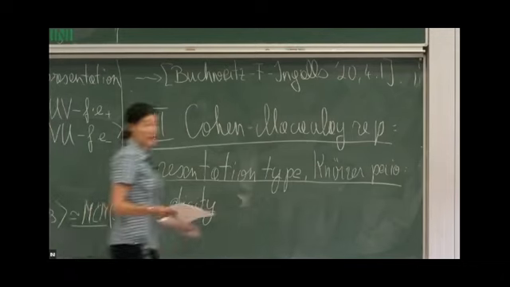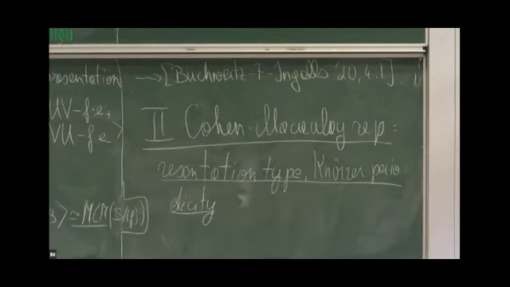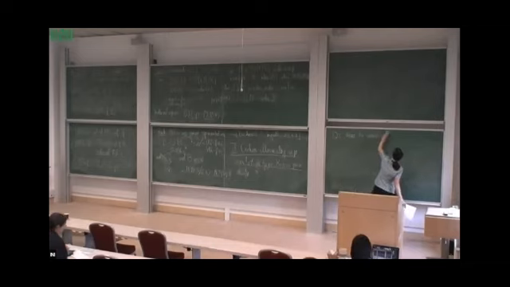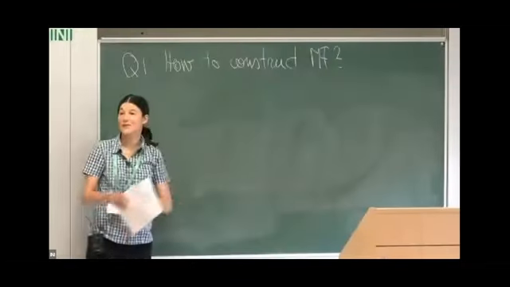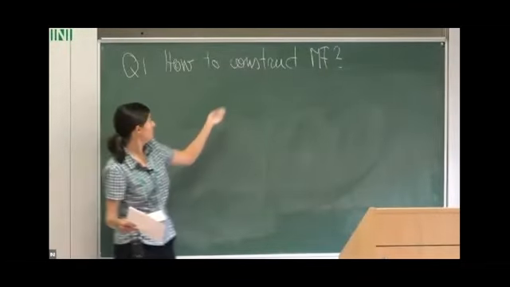So, as I said, two questions. Question one is, how do we get matrix factorizations? How to construct matrix factorizations? In particular, I was asked yesterday after the talk, can we always find a matrix factorization?